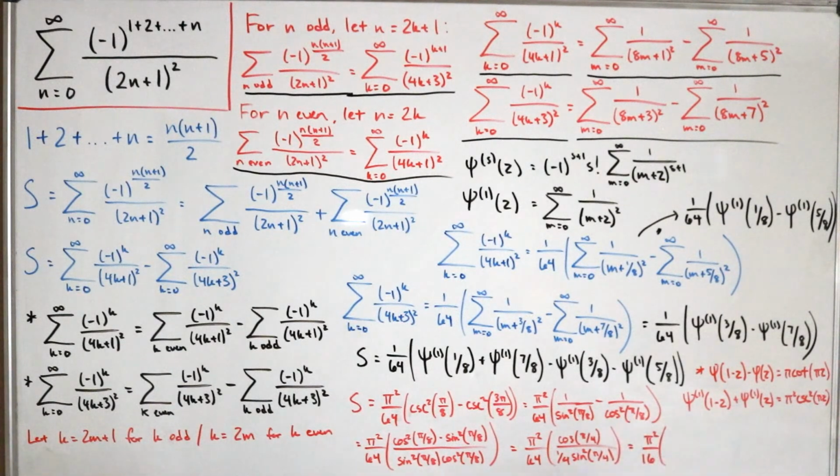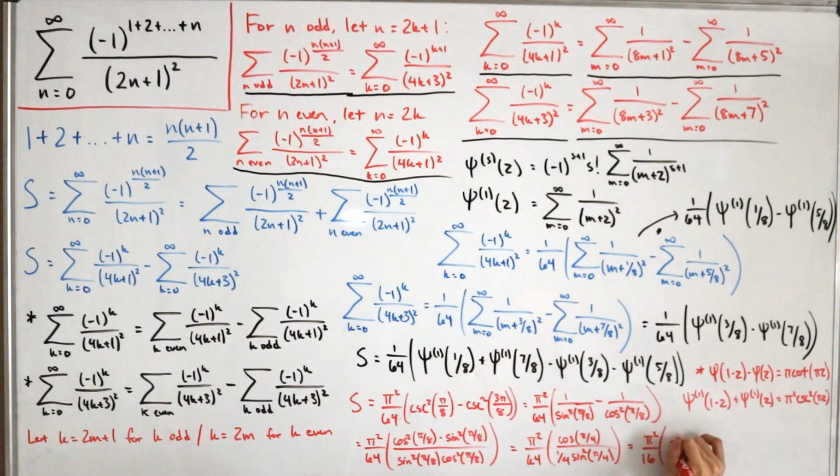And then on the bottom, we know that cosine of pi over 4 is just square root of 2 divided by 2. Same thing for sine of pi over 4, but squared. So in other words, it's going to be a 1/2 on the bottom. And so if you just flip that reciprocal, the 2's will cancel, and we're left with a square root of 2 on the numerator.